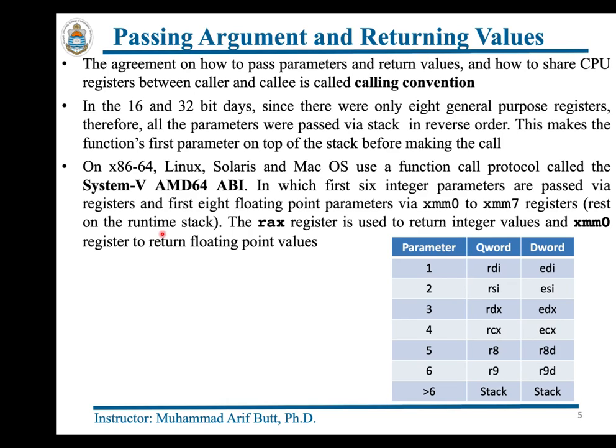Well, dear students, in lecture 43, that is the last session, we discussed the calling convention used by different operating systems on x86-64 machines. And this slide summarizes the System V AMD64 application binary interface that uses 6 registers to pass integer arguments, and in case of more arguments, pushes them on the stack, and to return an integer value from a function, this RAX register is used.